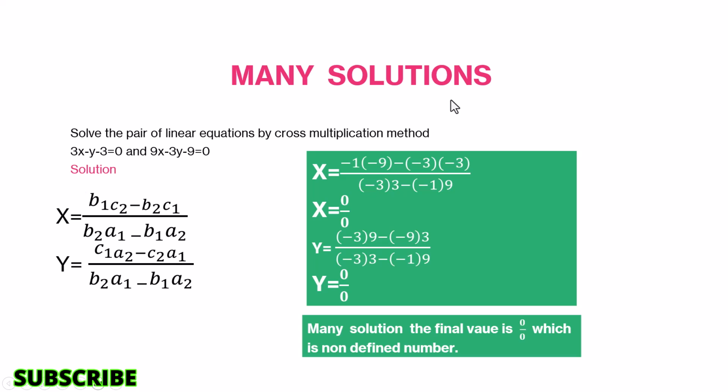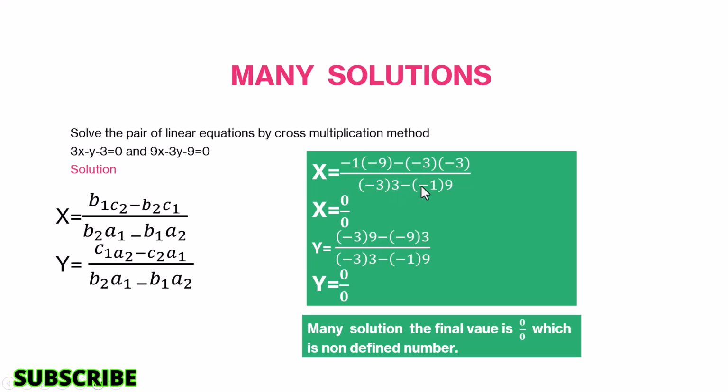Another case, many solutions. Solve the pair of linear equations by the cross multiplication method. Apply the values of the coefficients. 1 into minus 9, minus b1 is equal to minus 1, c2 is equal to minus 9, minus b2 is equal to minus 3, and c1 is equal to minus 3.